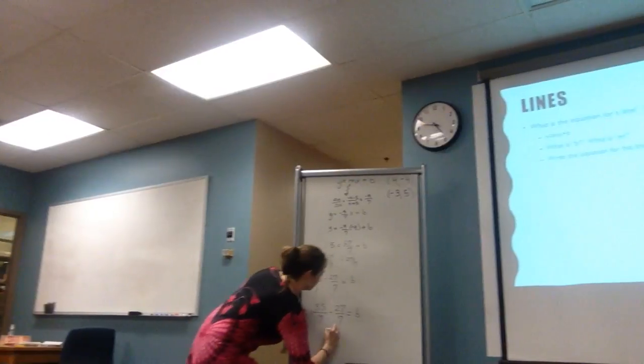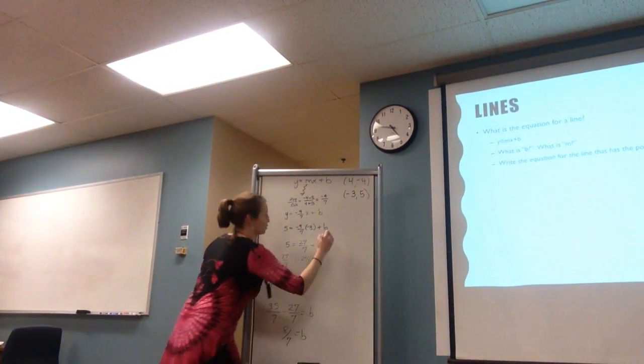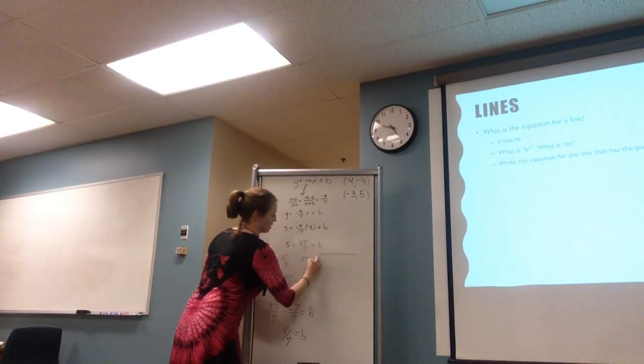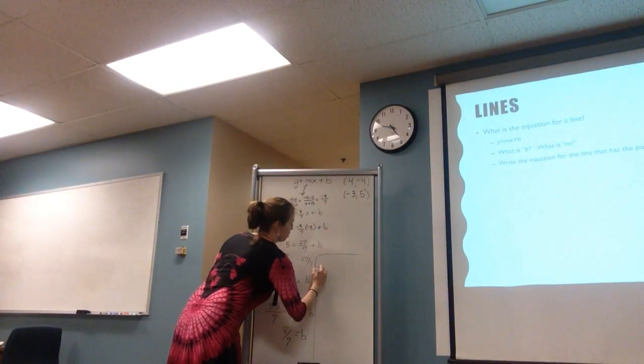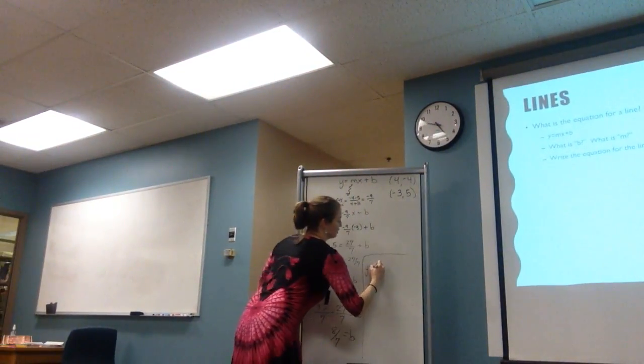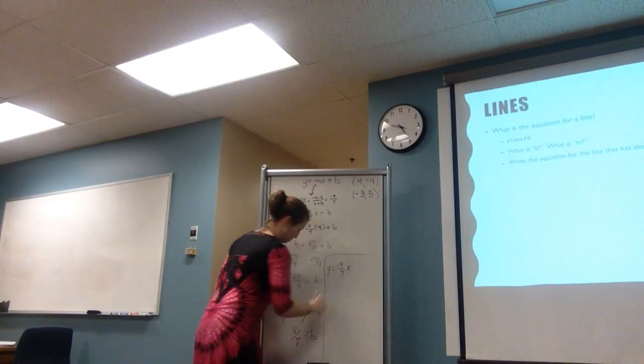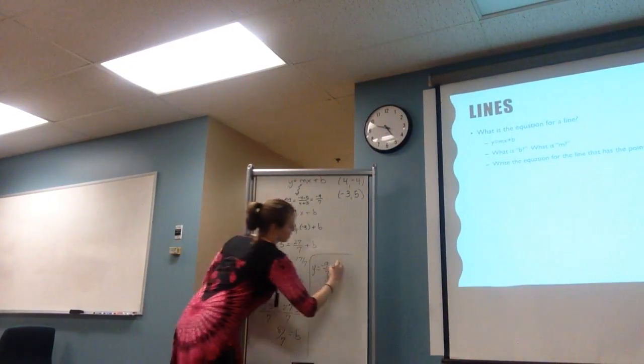So my b is going to equal 8 over 7, which makes my equation for my line, y equals m, we found is -9/7, x plus our b, which is 8/7.